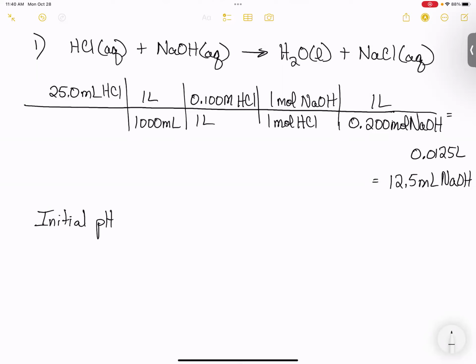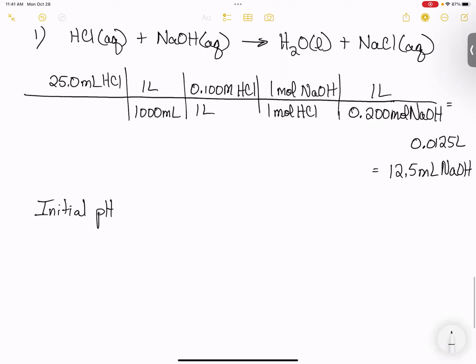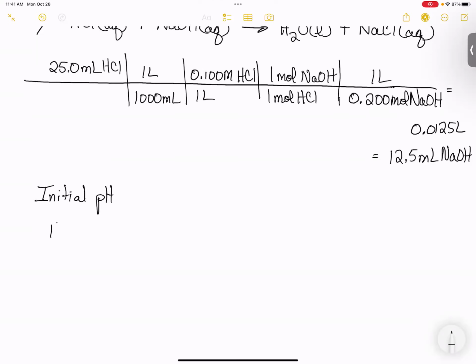You have acid. Do I have a strong acid or do I have a weak acid? Strong acid. We've been doing these problems, folks. I have a strong acid, and that strong acid is in water. That strong acid, because it is a strong acid, dissociates entirely to form hydronium and chloride.